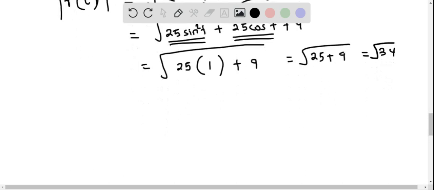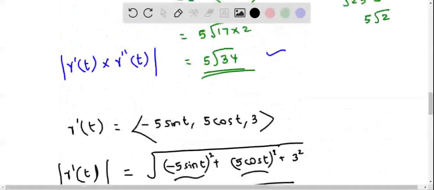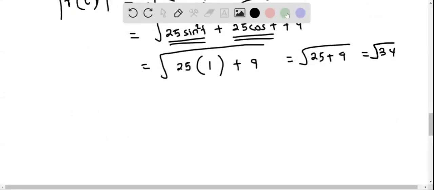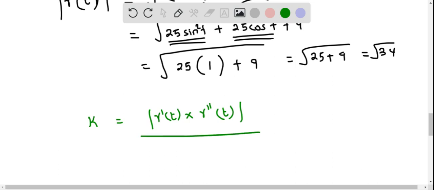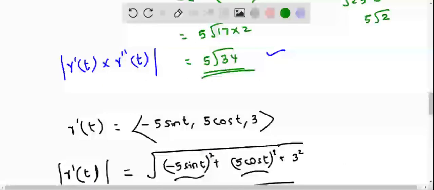Now we can find the curvature by substituting into the formula. Let me write the curvature formula: it equals the magnitude of r prime of t cross r double prime of t, divided by the magnitude of r prime of t cubed. Let's substitute the corresponding values.